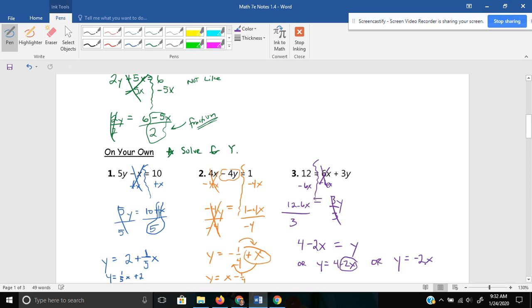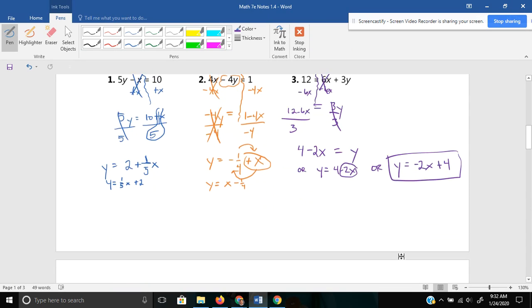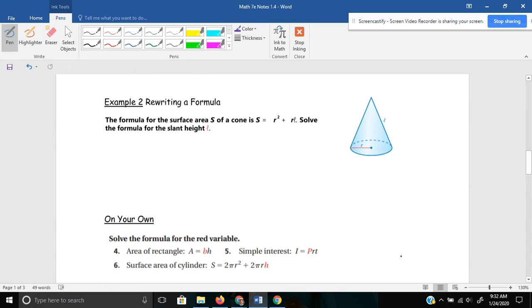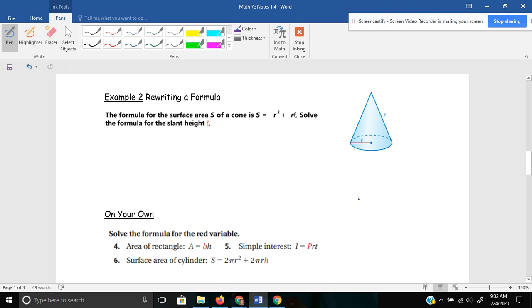Negative 2x, this is positive 4, so plus 4. This is my final. Okay, so again, lots of different ways to write them in the end. Make sure you're dividing both sides by that same term, I think, is a key that I see quite a bit in these examples.